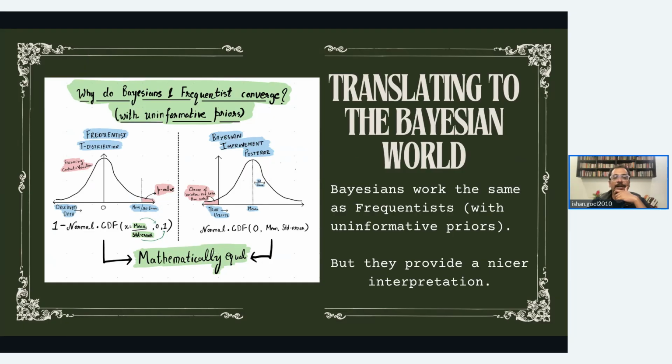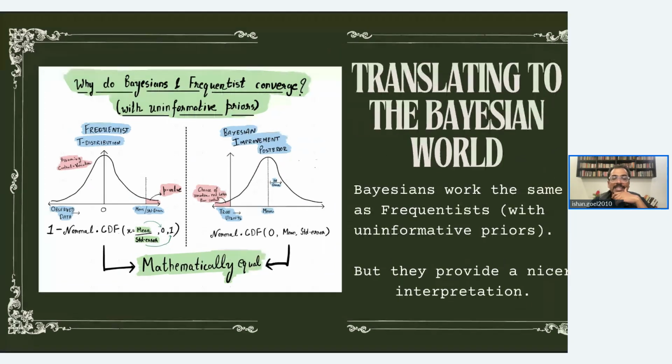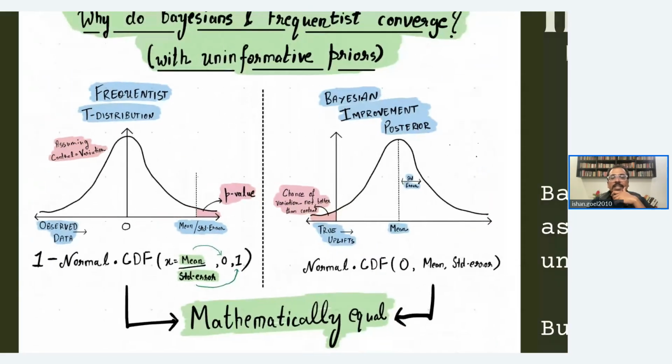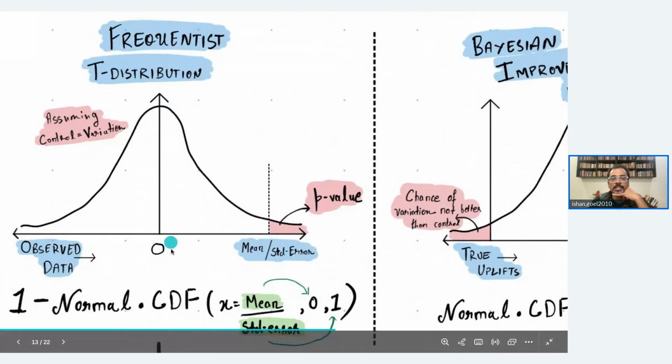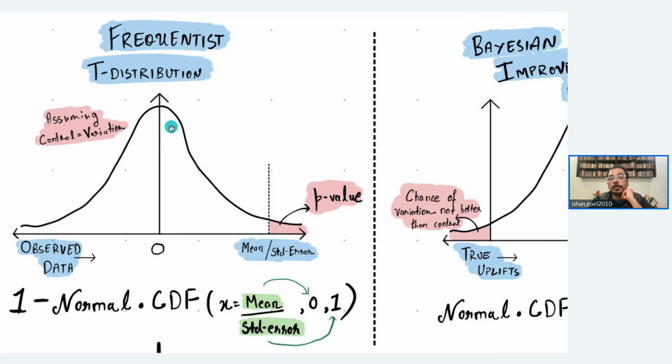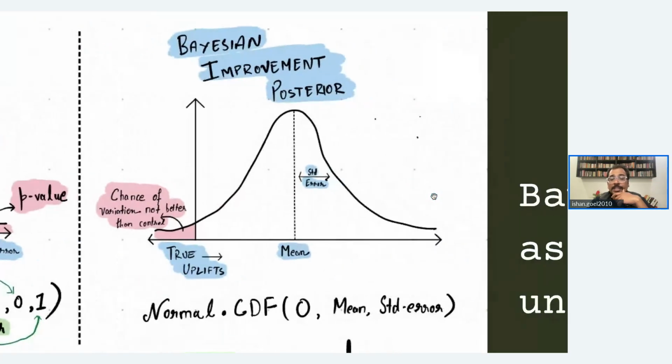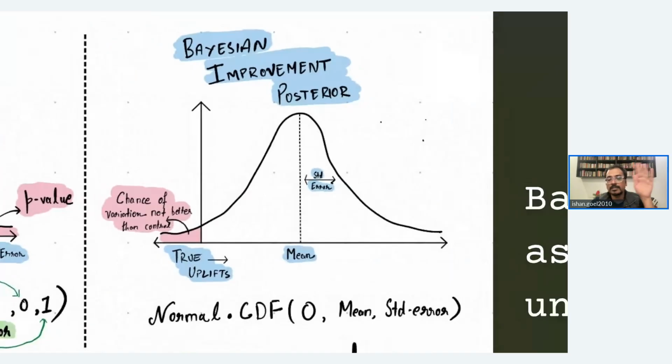But the idea is that in frequentists, we deal with t distribution. We assume the null hypothesis, that the improvement is 0. And then we have this t distribution that tells us what would be the distribution of observed data if the actual uplift was 0. And from there, we calculate the p-value. In the Bayesian system, we do something different.